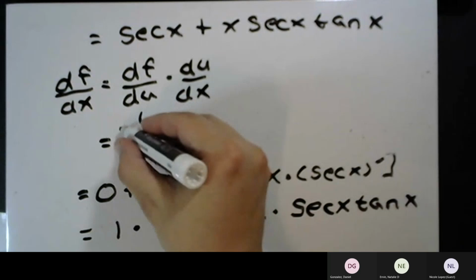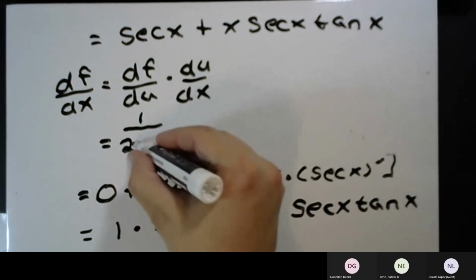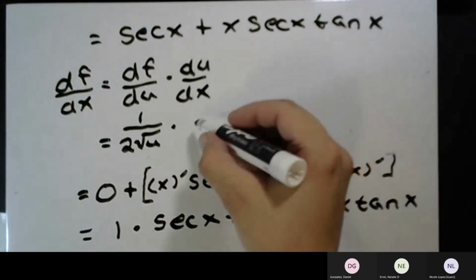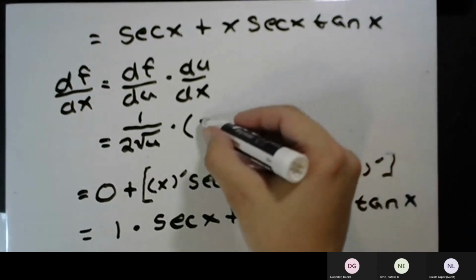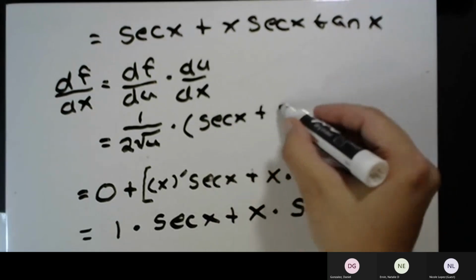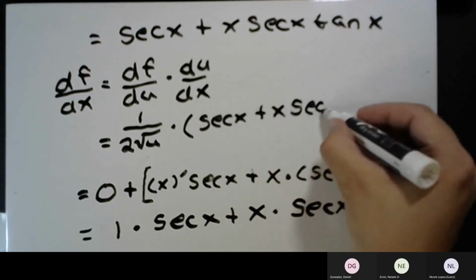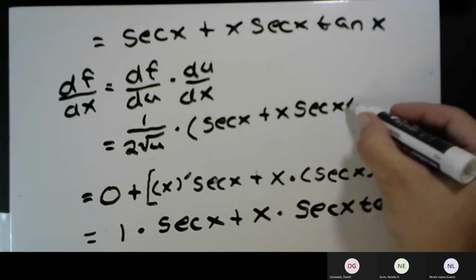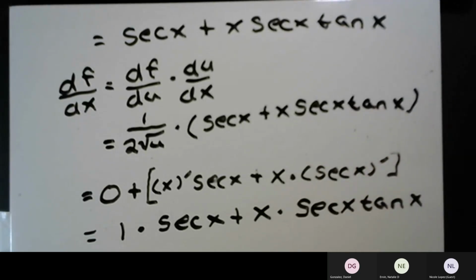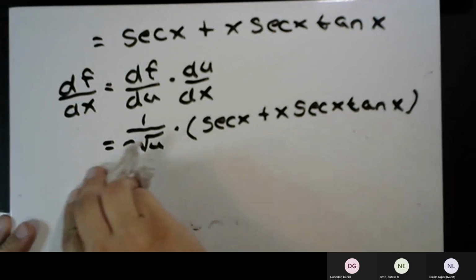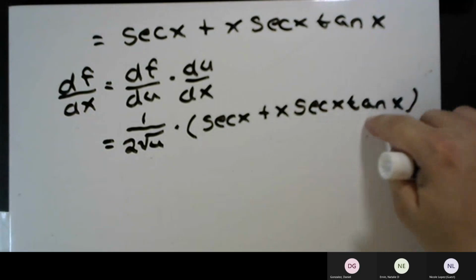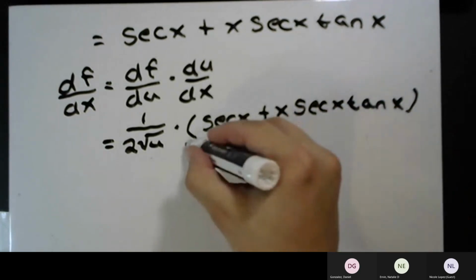So this is going to be 1 over 2 square root u times secant x plus x secant x tangent x, and again we can treat this as a fraction with a denominator of 1.